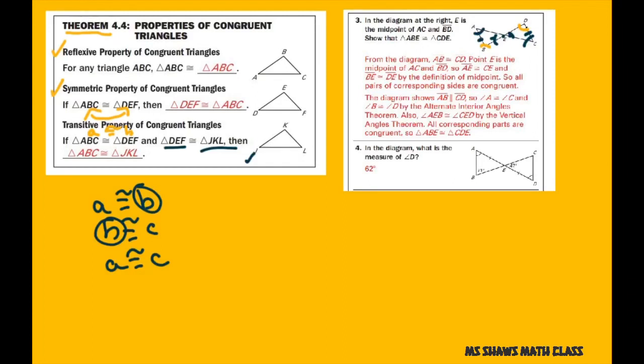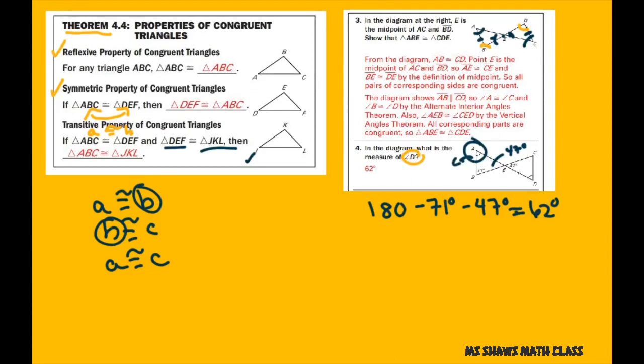So based on this diagram, what's the measure of D? So we know that our vertical angles theorem states that this angle here is 47. Then you take 180 minus 71 minus 47 to get the measure of angle A. And that gives you 62.